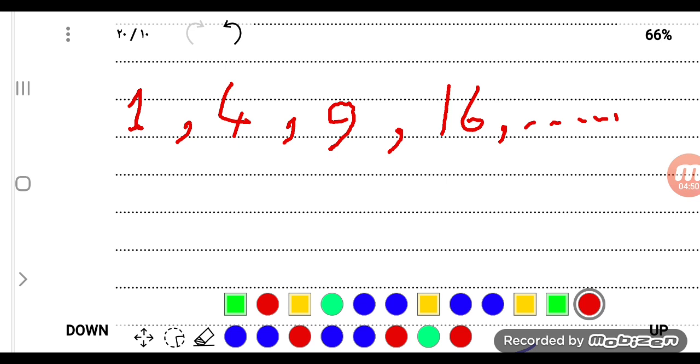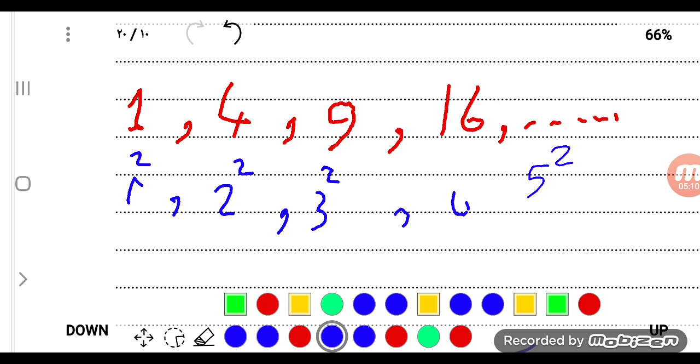In order to get the next term, you have to do 5 squared. Because here you have 1 squared, then 2 squared, then 3 squared, then 4 squared. So clearly the next term will be 5 squared.